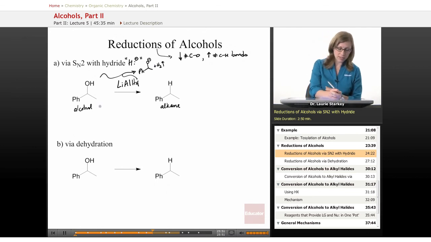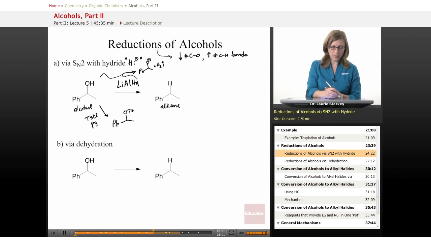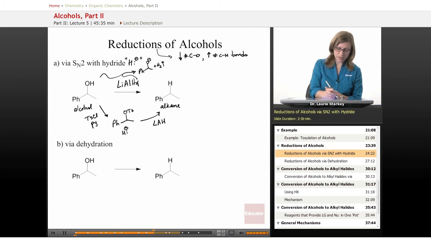So instead, here's another case where we make the tosylate: tosyl chloride and pyridine replaces the OH with an OTs. Now that we have a good leaving group, LAH, lithium aluminum hydride, can do an SN2. This is a great nucleophile.